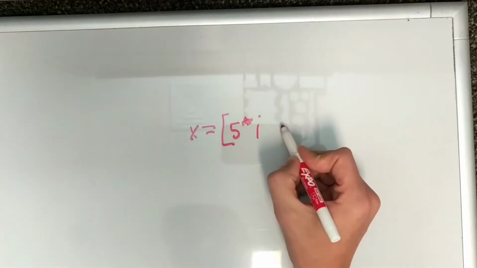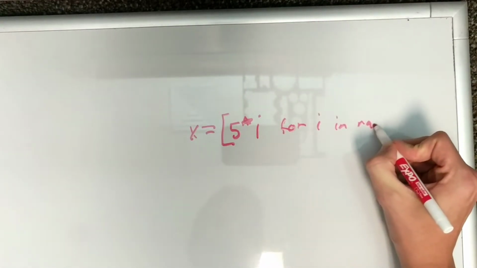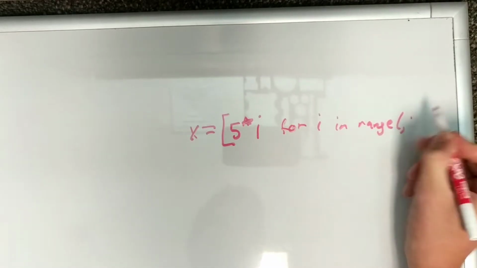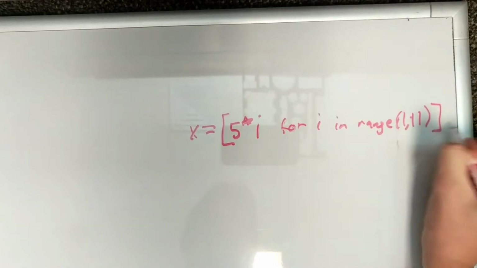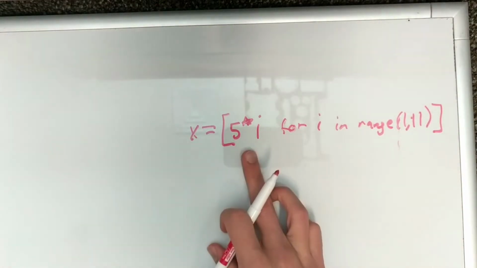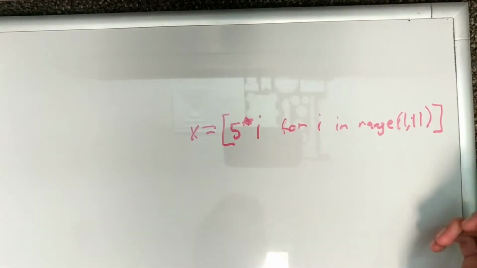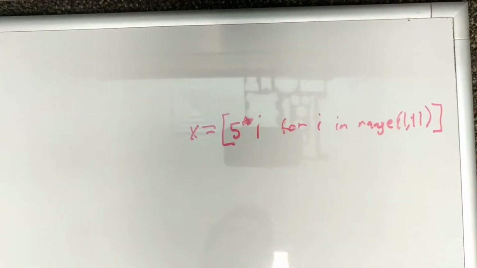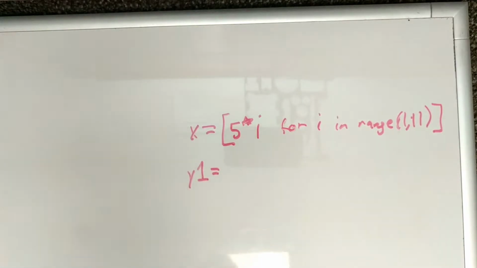I'll do 5 times i for i in range 1 through 11. So this will create the list 5 times 1, 5, 5 times 2, 10, all the way up to 50, because it won't include that last 11. So if that's your x, then you're going to have two different y's. Your first y1 will be the line.